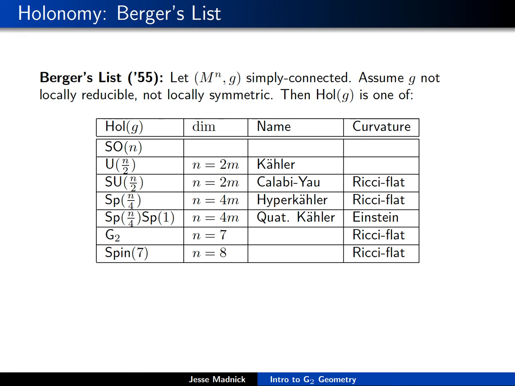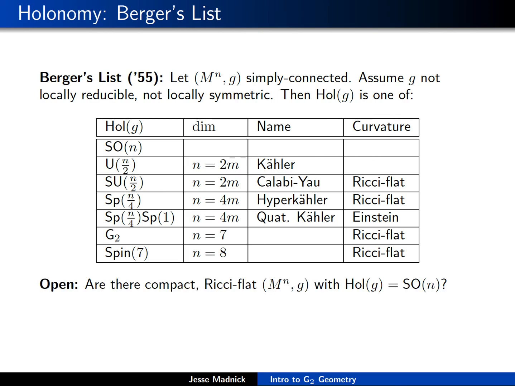The only compact Ricci flat manifolds that we know have one of these 4 holonomy groups: SU(n/2), Sp(n/4), G2, or Spin(7). So in other words, it's an open question as to whether there are compact Ricci flat manifolds with generic holonomy equal to SO(n). This is unknown.